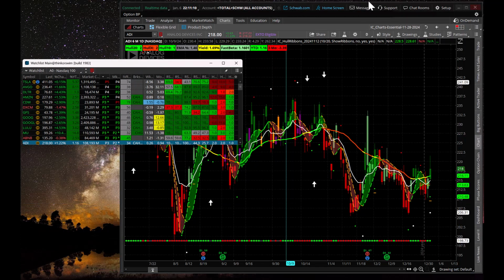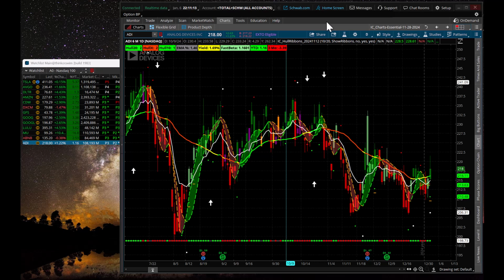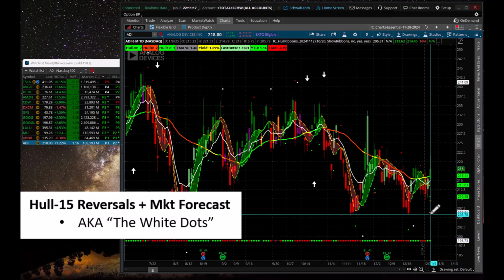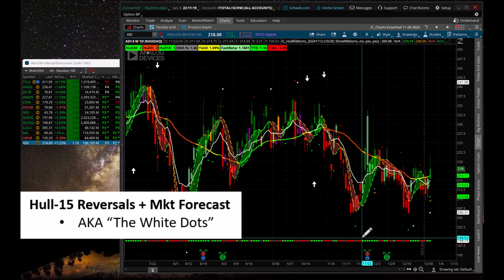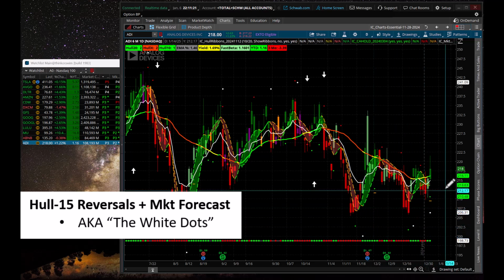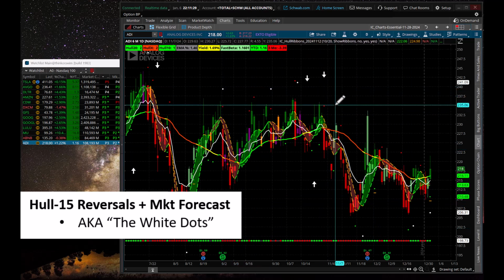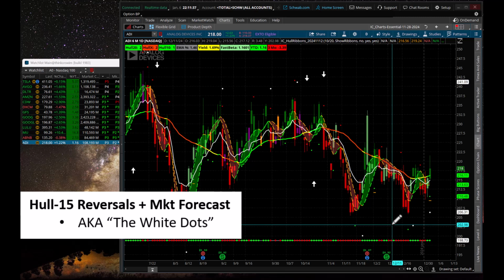The other thing to note in this diagram, let's pick this guy right here, are these things that I call the white dots. And if you carefully study these things, these white dots kind of happen at periods of either support or resistance. What they really are is Hall 15 period reversals coupled with the market forecast study.